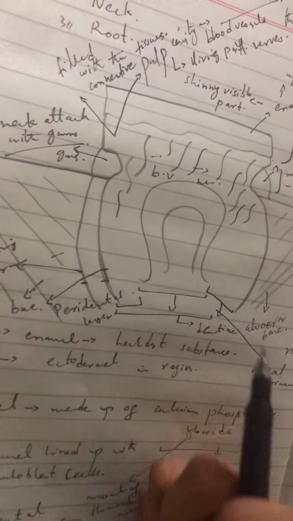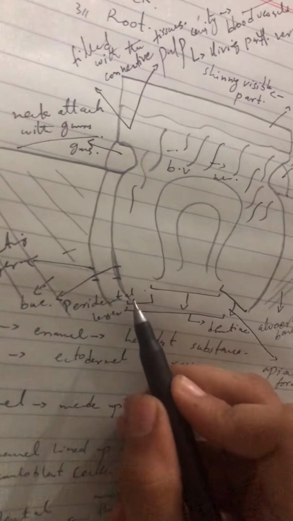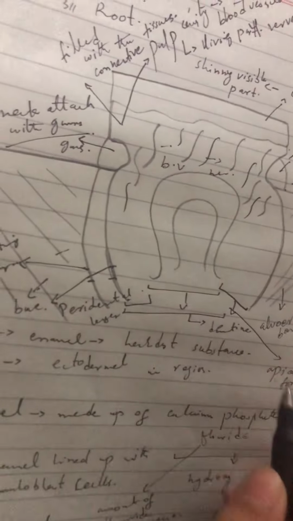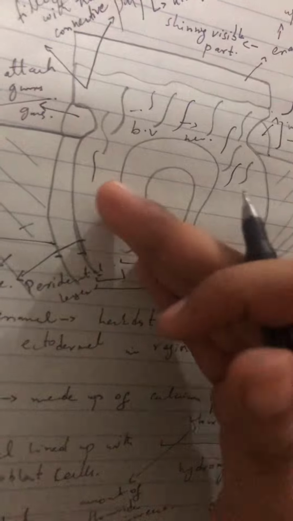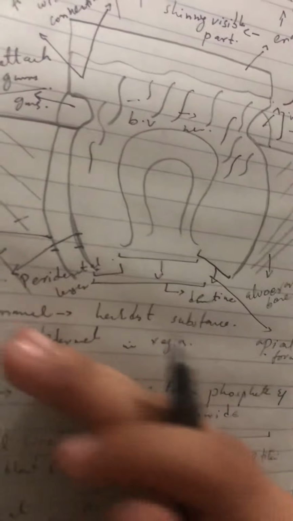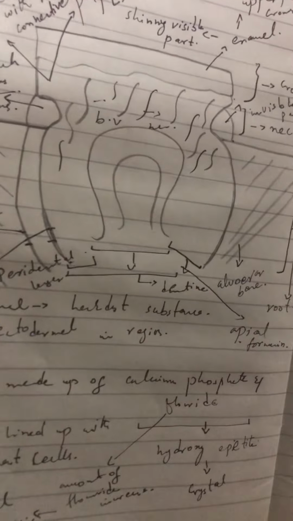After that, the region between periodontal membrane and dentine is called the apical foramen. This apical foramen allows for the entrance and the exit of the nerve and blood vessels. So that was the structure of the tooth.